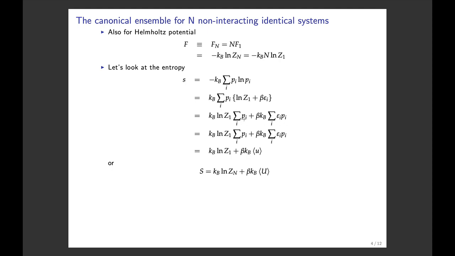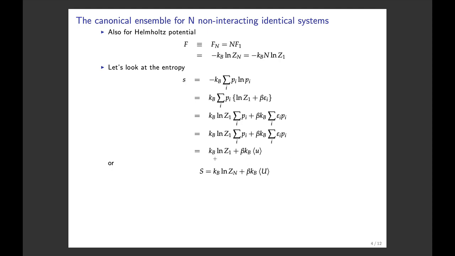That's just going to be equal to 1. And this we should recognize as the average energy of one system, this little u, the expectation of little u. So in the end, we can write this small entropy in this form if we wanted to.